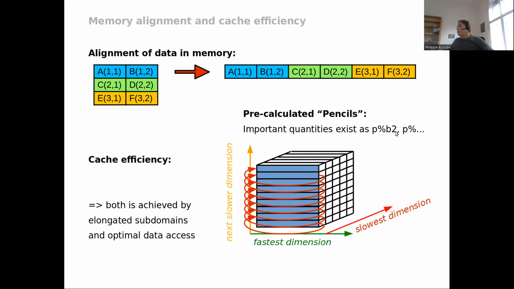For example, B2 means the magnetic field squared, so that is a scalar. All of them are called with p% and then the name. For example, p%lntt would mean you have the logarithm of the temperature pre-calculated, in the full extent along the X direction, in one array.